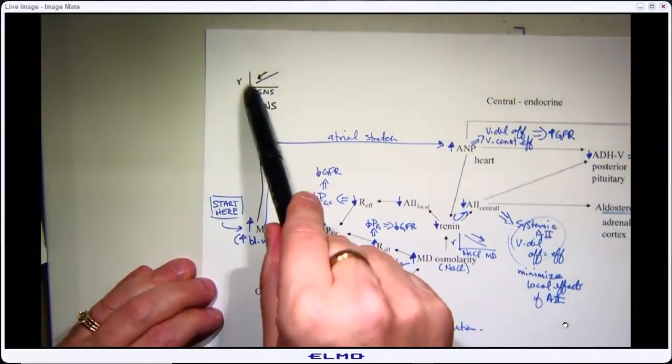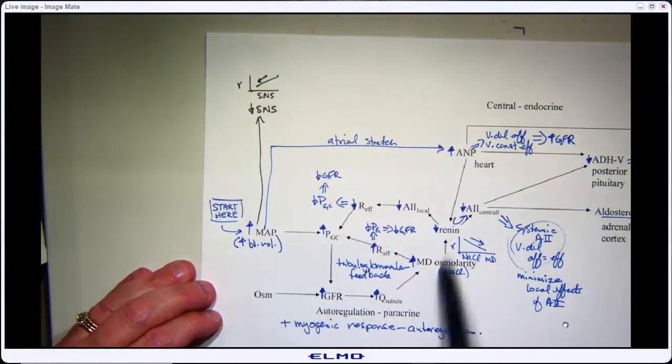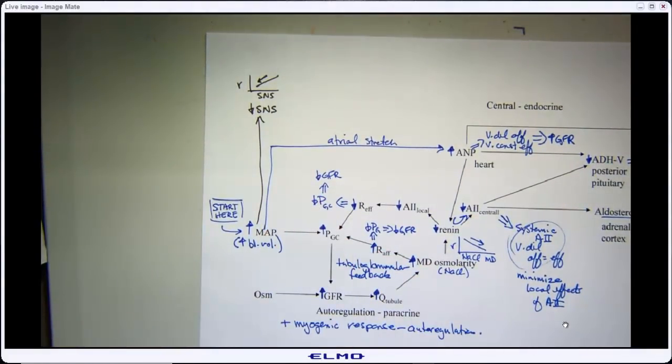Again, another maneuver to try to get GFR off its game. But you also know that the sympathetic nervous system changes ADH release as well. Okay, so we are bringing out the big guns in terms of trying to get the kidney to stop its really tight regulation of GFR.